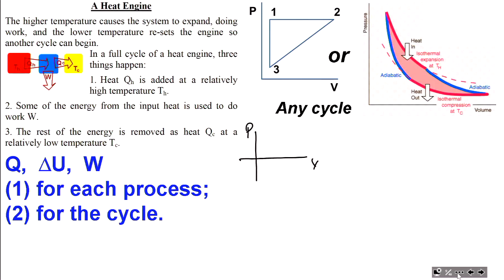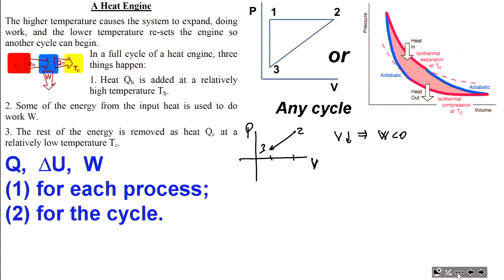A process like this from 2 to 3. So what should we say about it? Well, first of all, we can see that the volume decreases, hence work will be negative.